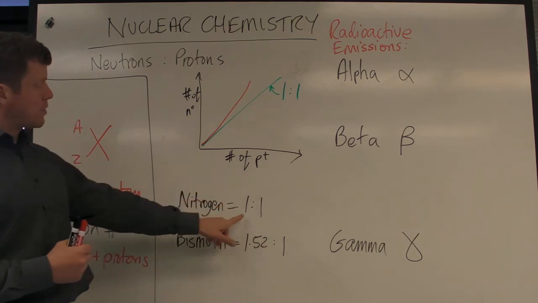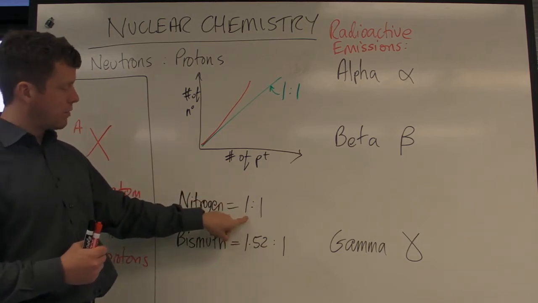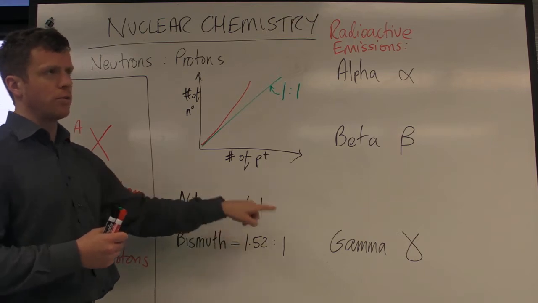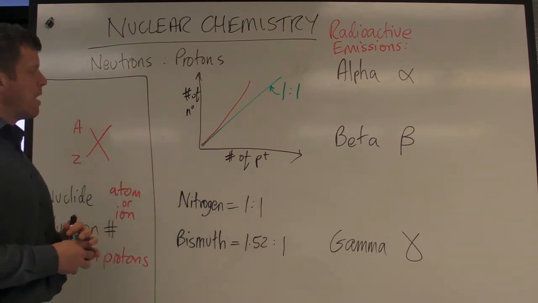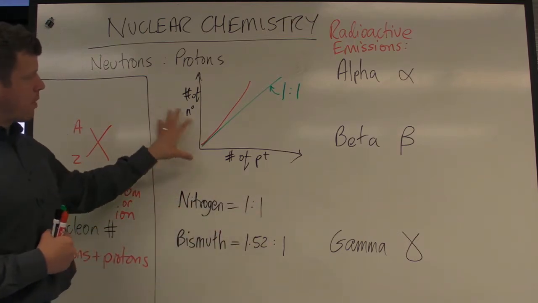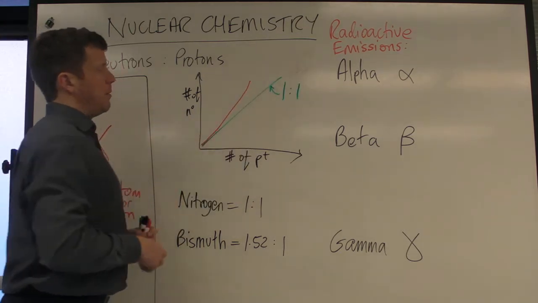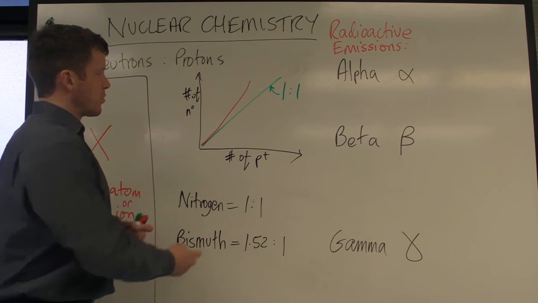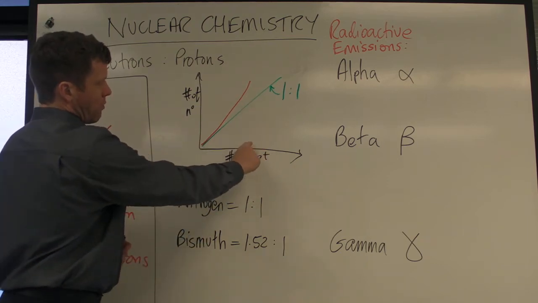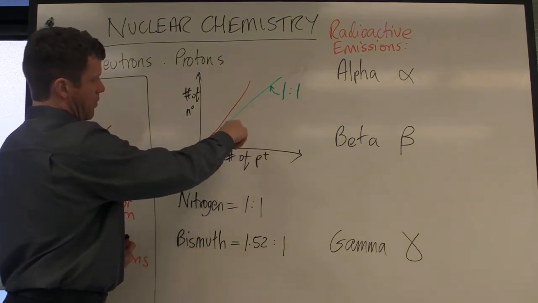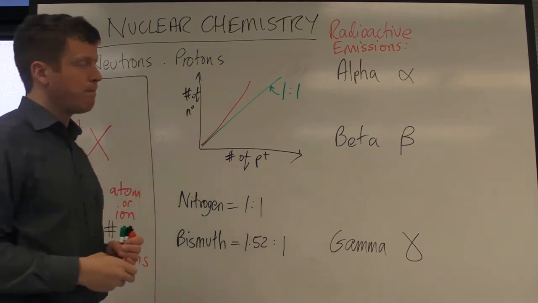So this ratio of neutrons to protons is 1 to 1. And so I'm going to represent that on a graph. And imagine the green line has a slope of 1, right? So whatever number of protons you have, an equal number of neutrons.